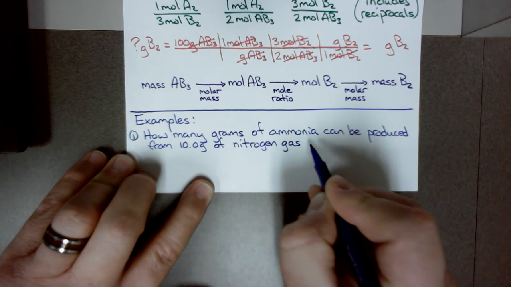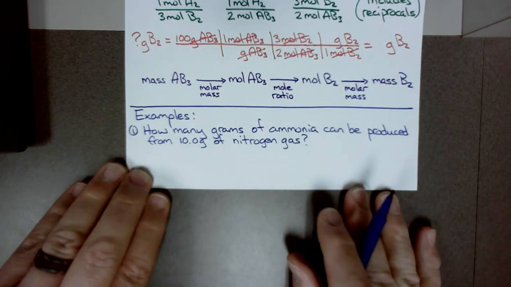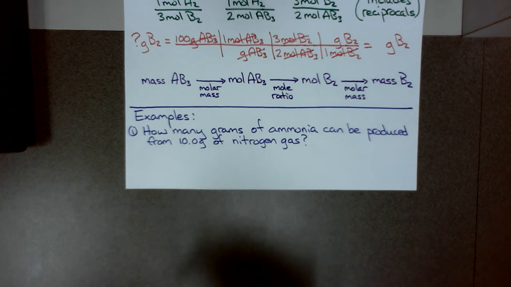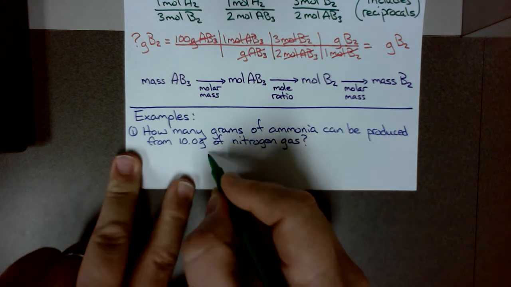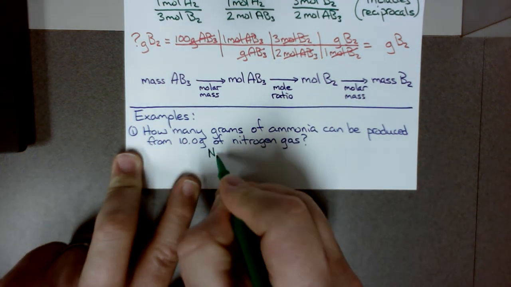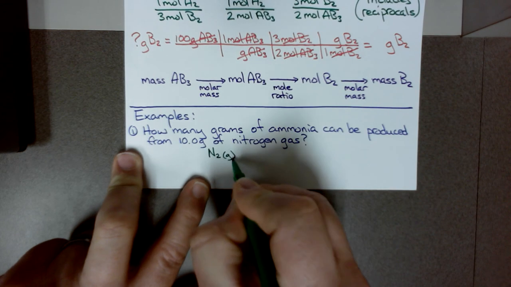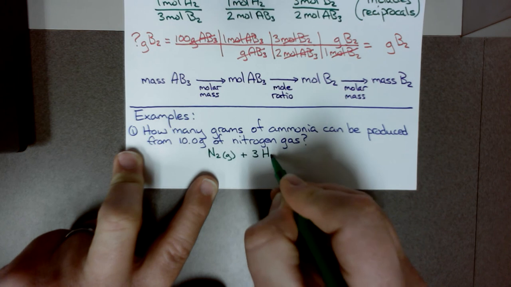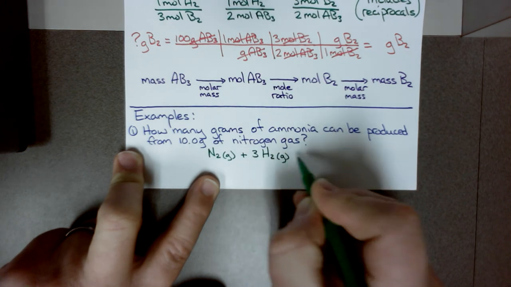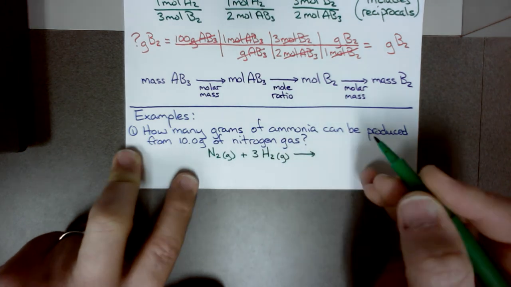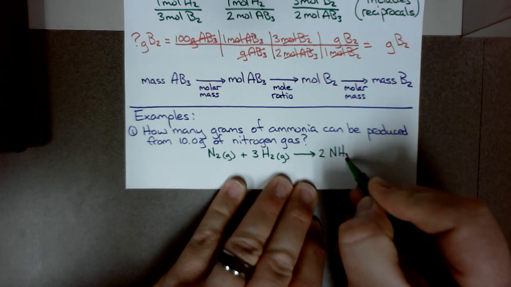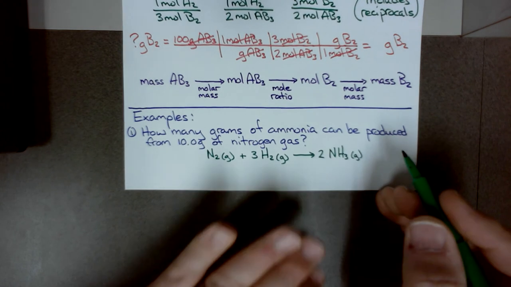So we have to have a balanced chemical equation. So in this case, my equation is nitrogen gas, N2, plus 3 moles of hydrogen gas will produce 2 moles of ammonia gas.